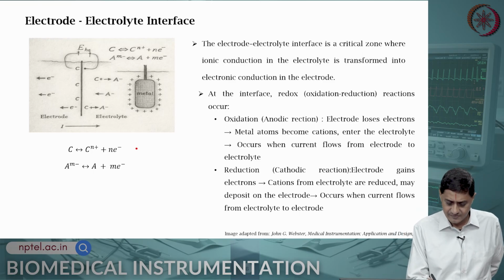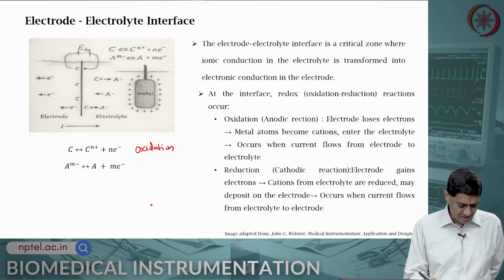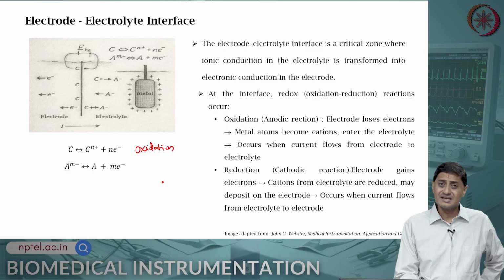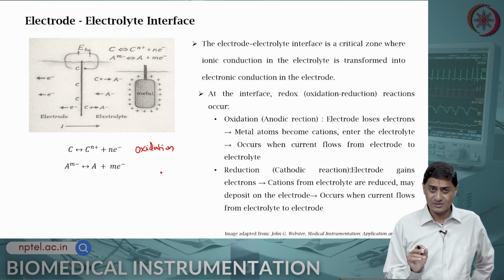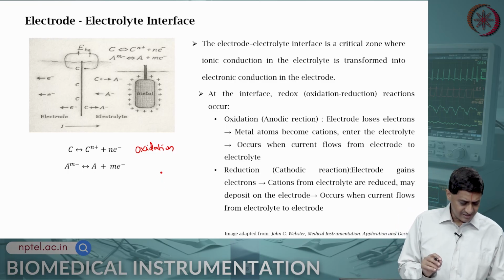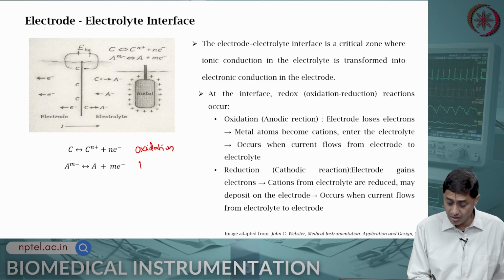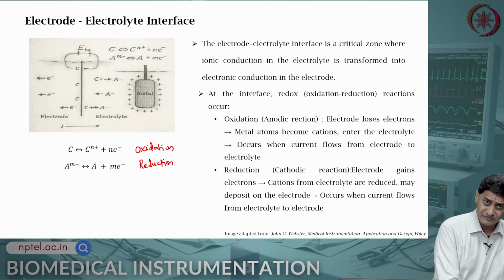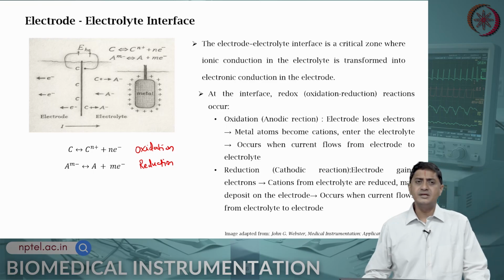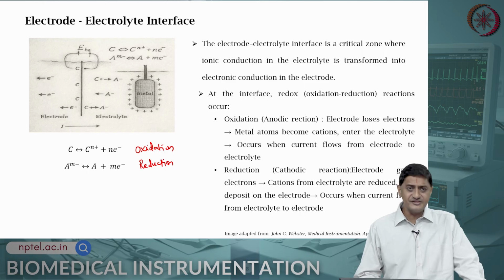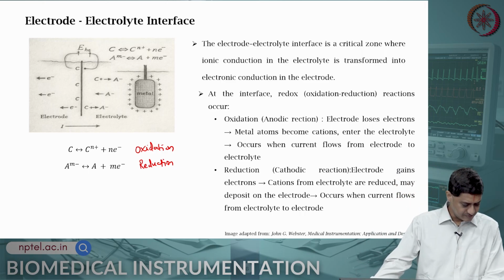Oxidation happens at the anode, that is, electrons are released, and a cation is formed with some charge. That is oxidation or reduction. Usually at the electrode electrolyte interface, both oxidation and reduction happen.